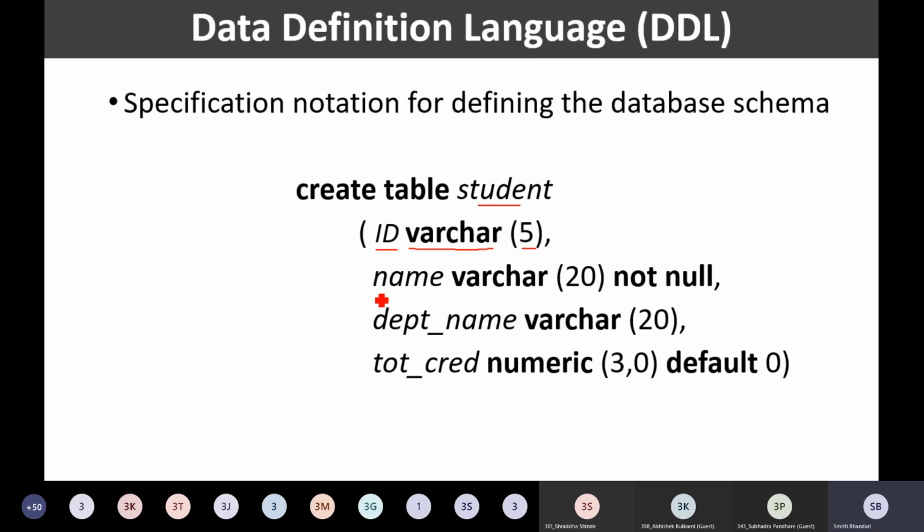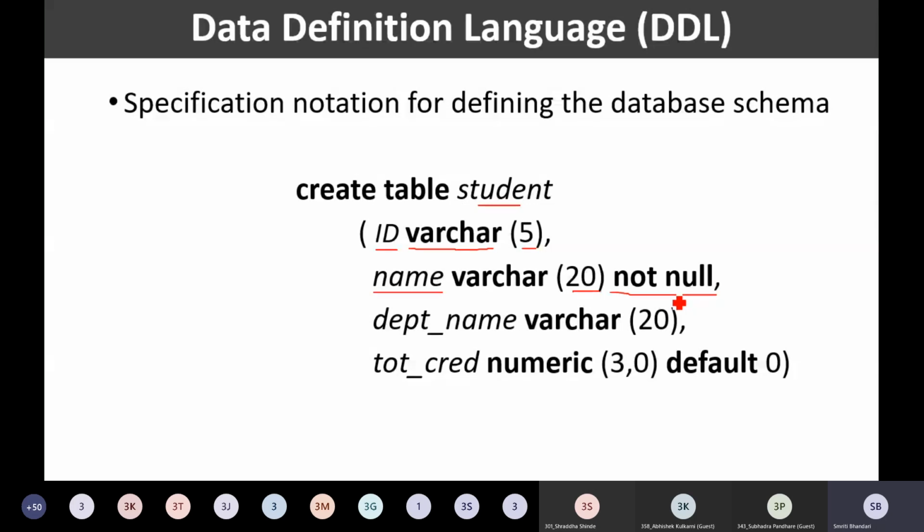Similarly, I have name as another attribute. Varchar is the type, 20 is the size, and this is the constraint that I am providing: not null. It indicates I do not want a null value for name.